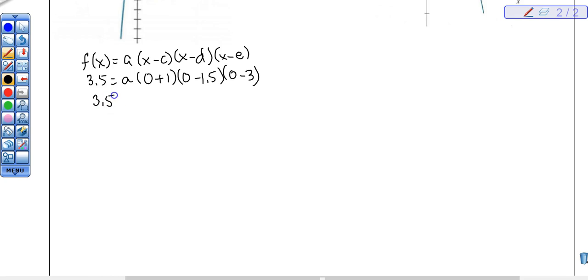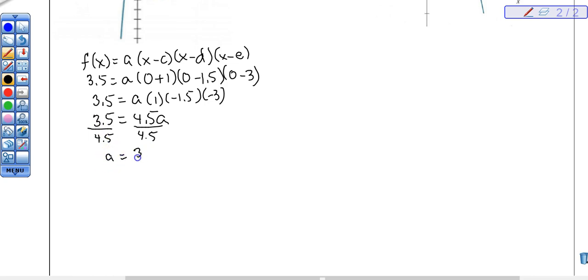So 3.5 equals a times 1 times -1.5 times -3. I think 3 times 1.5 is 4.5. So 3.5 equals 4.5a. We're going to divide both sides by 4.5.